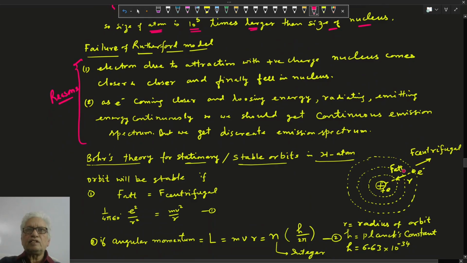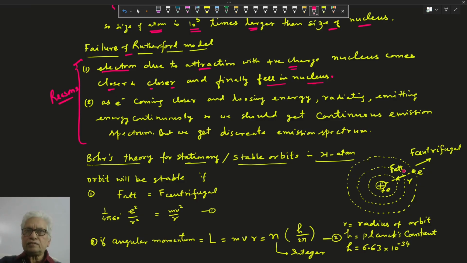Now, failure of the Rutherford model. They succeeded in finding the size of the nucleus. Very good. But regarding the electron, as per Rutherford, the electron, due to the attraction force with the nucleus's positive charge, comes closer and finally falls into the nucleus. Not correct.